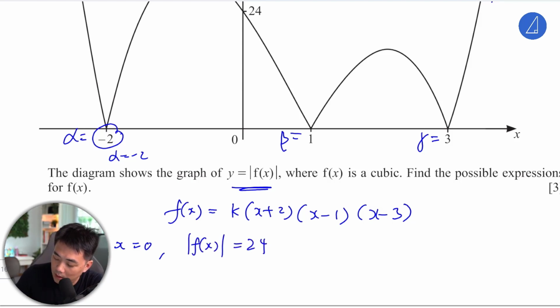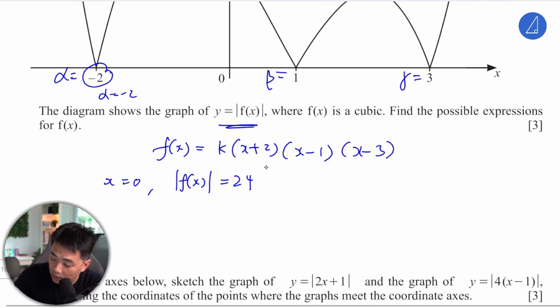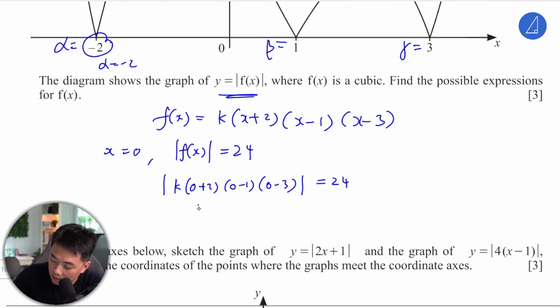So in other words, we know that there will be a possible f of x, so k times (0 plus 2)(0 minus 1)(0 minus 3) equals 24. So k times 2 multiplied by negative 1, negative 3, will be 6k, equals 24. So modulus k divided by 6 throughout will be 4.